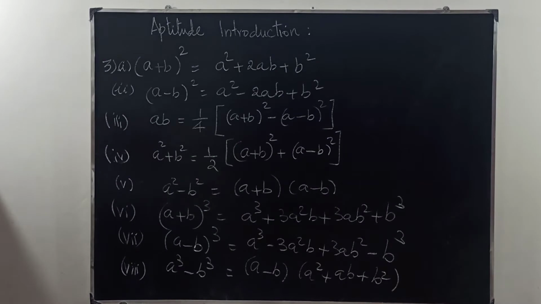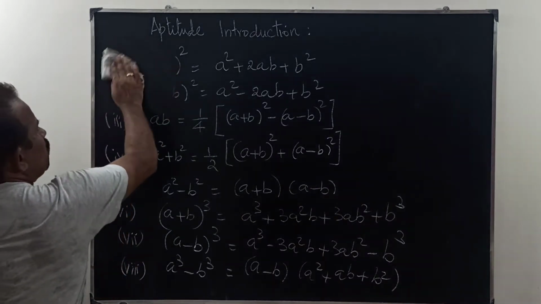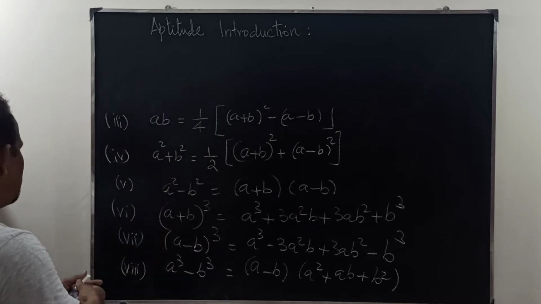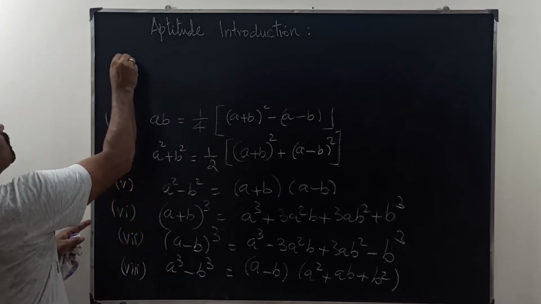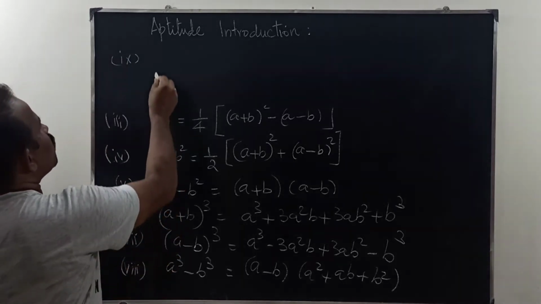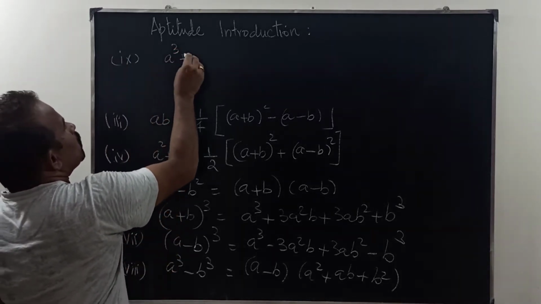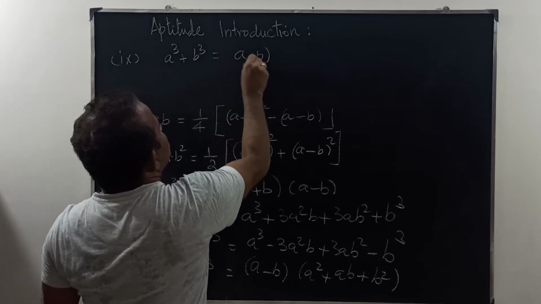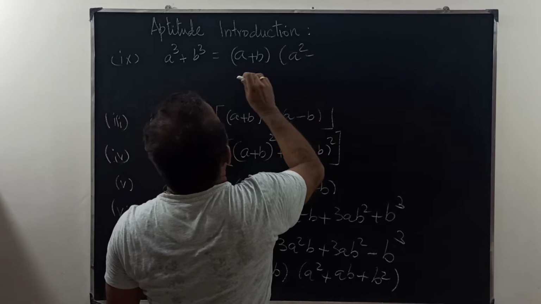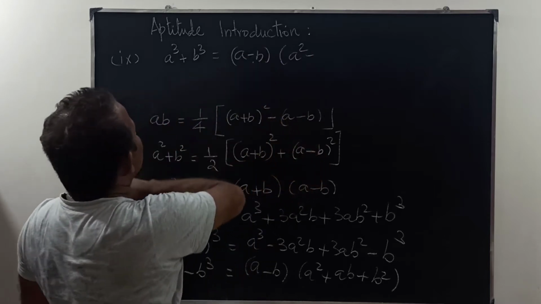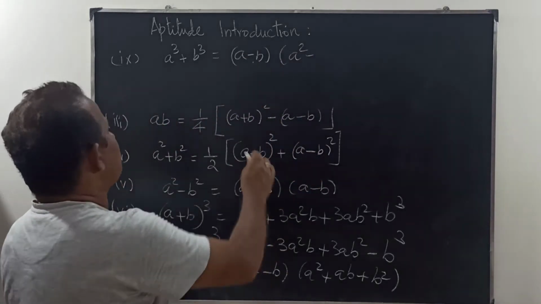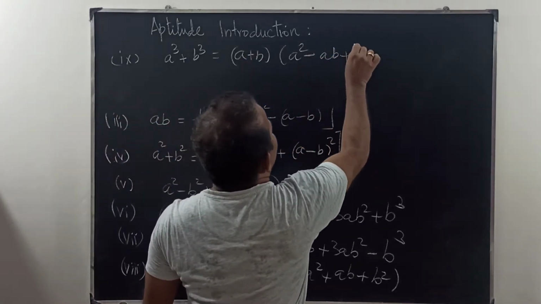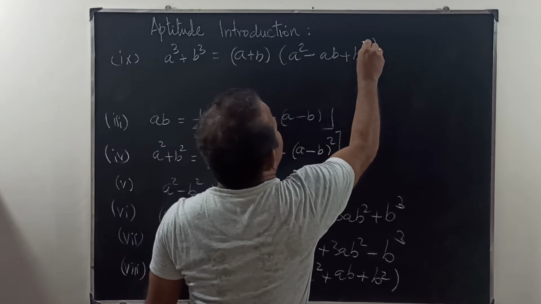Then the ninth is a cube plus b cube is equal to (a plus b) into (a square minus ab plus b square).